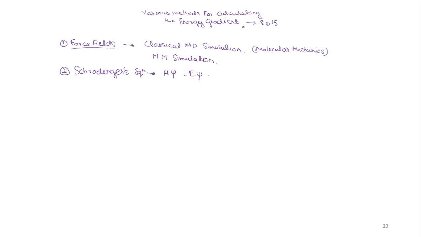If you calculate this energy gradient using Schrodinger's equation, then such a method is called the ab initio molecular dynamics method. In Schrodinger's equation, H is the Hamiltonian operator and psi is the wave function. Well, let us not go there.